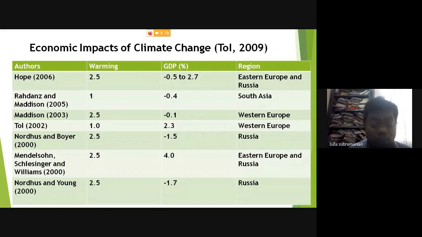He got the Nobel Prize for climate change models, the RICE models. That is a computable general equilibrium model. He developed the model for all sectors, so he predicted the future impact of climate change. That's the reason he got the Nobel Prize. So these are some global studies on the economic impact of climate change.